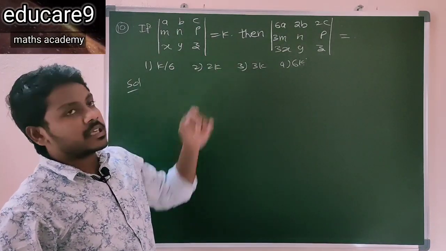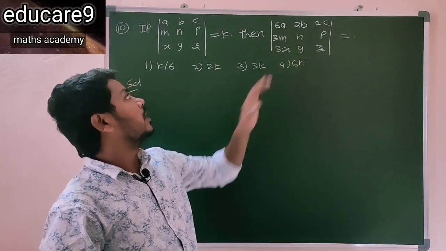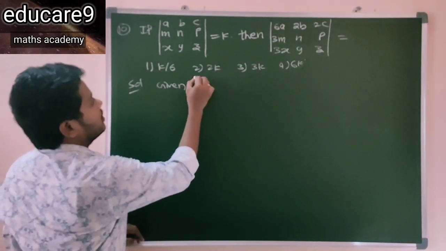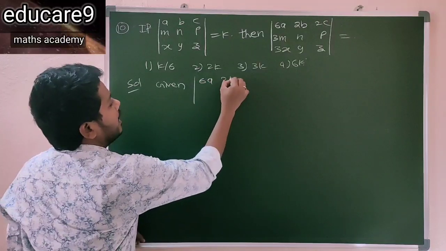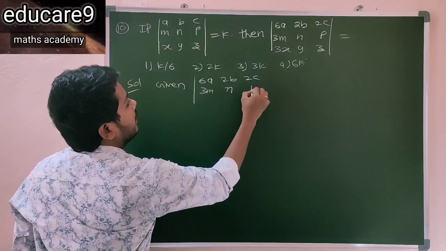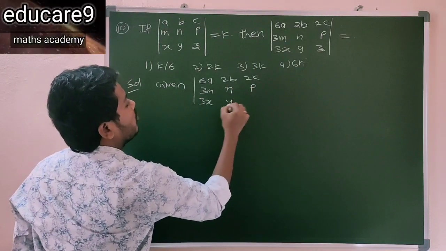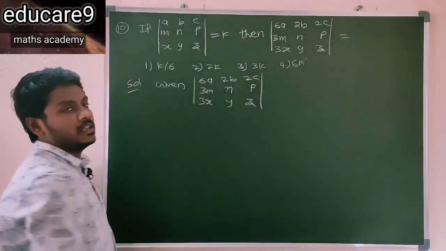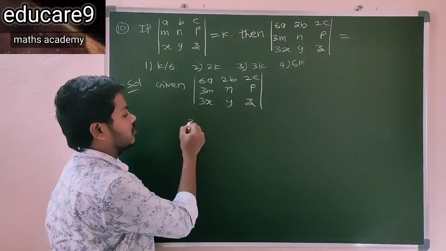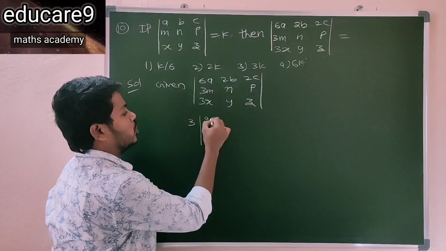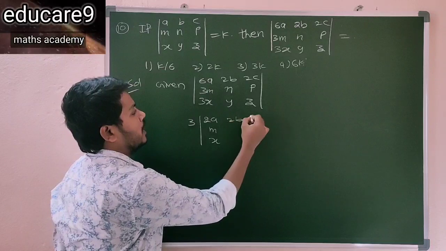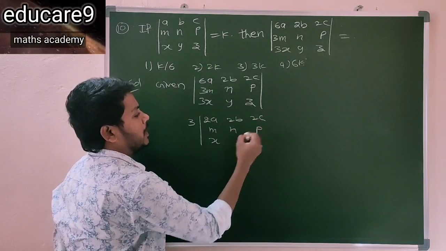See the next one. The determinant of this matrix is k, then find the determinant of this value. So see here, given [6a, 2b, 2c; 3m, n, p; 3x, y, z]. You need to find this value. From the first column, 3 is common, so write 3 outside, then it becomes [2a, 2b, 2c; m, n, p; x, y, z].